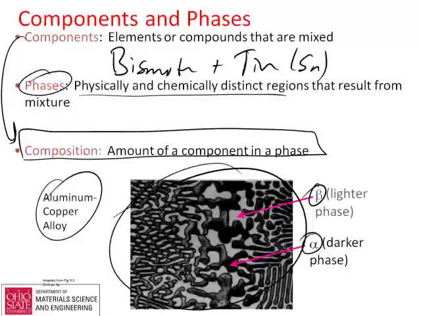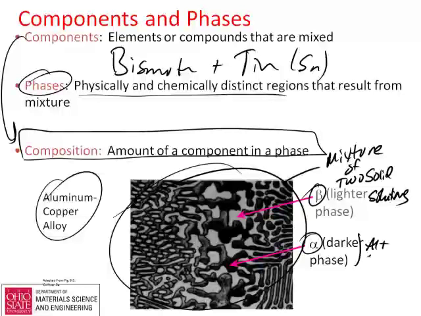And this really is a mixture of two solid solutions, meaning that alpha would be primarily aluminum plus minor amounts of copper, and this beta is actually an aluminum copper compound.